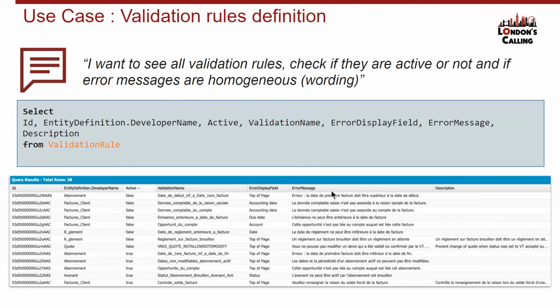So you can easily check that the error messages always follow a specific way of naming and that developers are not pushing in the error message whatever they have in mind. It's really helpful if you want to have an overview of what developers or admins are pushing inside the error message of validation rules.